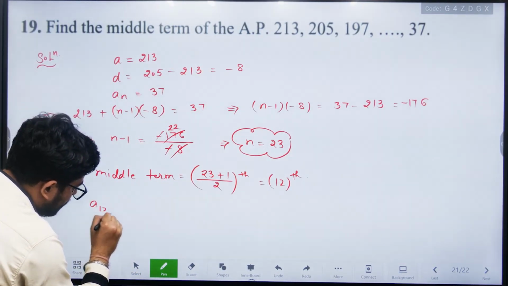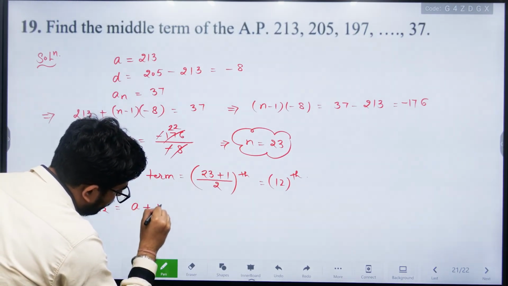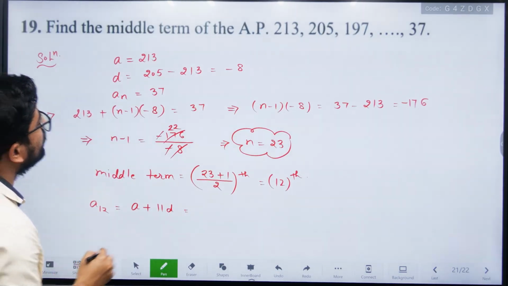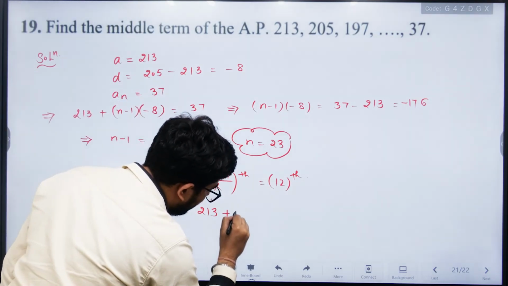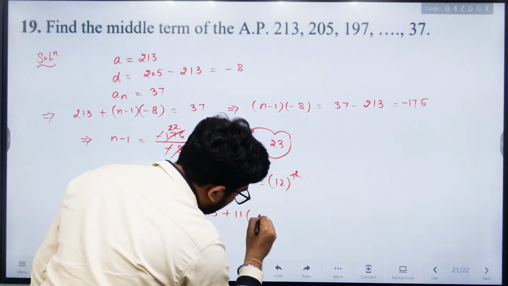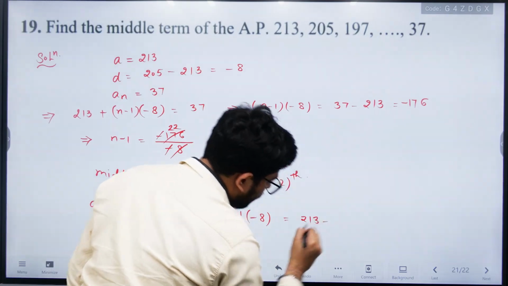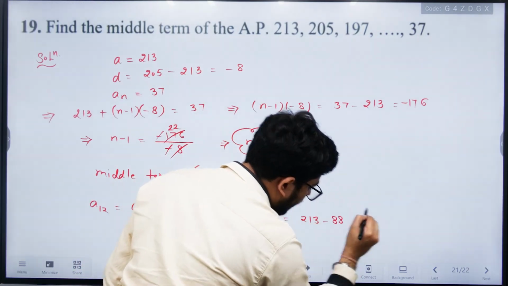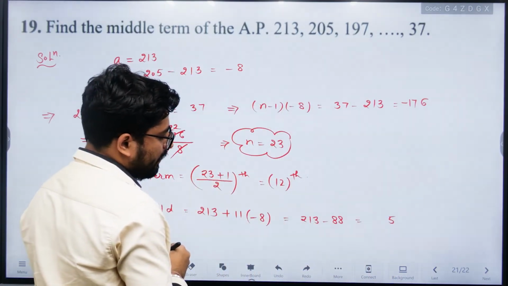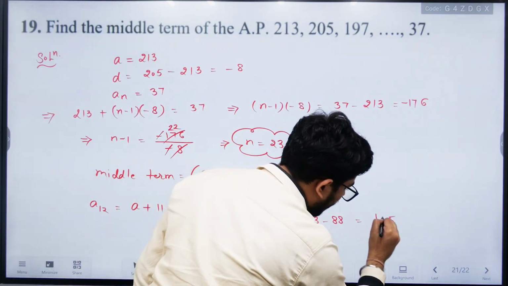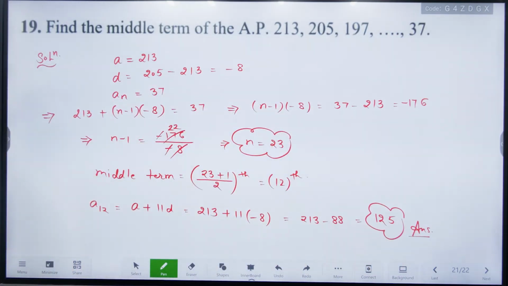So the 12th term is a plus 11d. a is 213, so 213 plus 11 into d. d is minus 8. This is 213 minus 88, which is 125. So 125 is the answer.